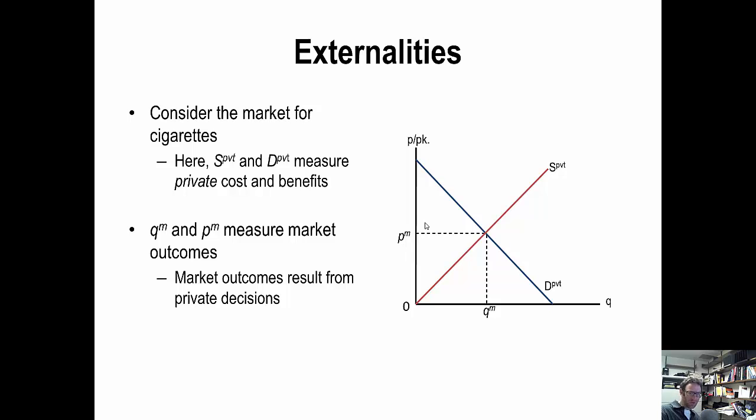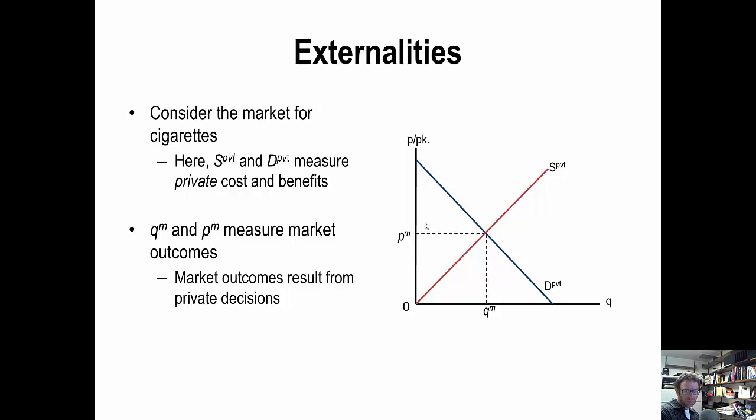And the way that we can think about how this plays out is let's reinterpret the market supply curve and the market demand curve as really being the private supply curve and the private demand curve, because that's really what market prices reflect, the costs and benefits to those decision makers who are actually engaged in making the private transaction.